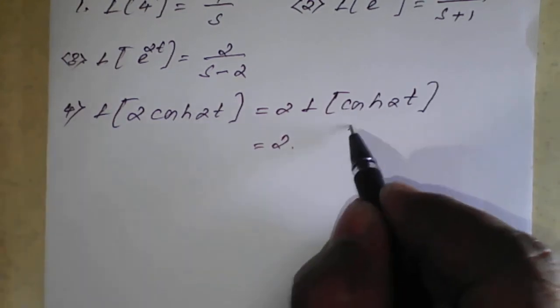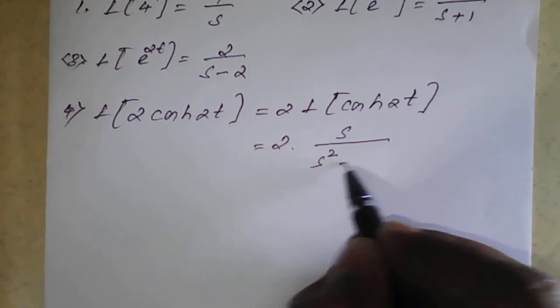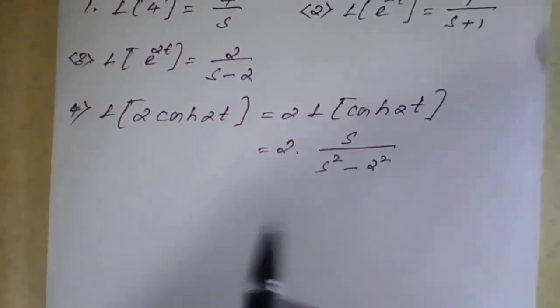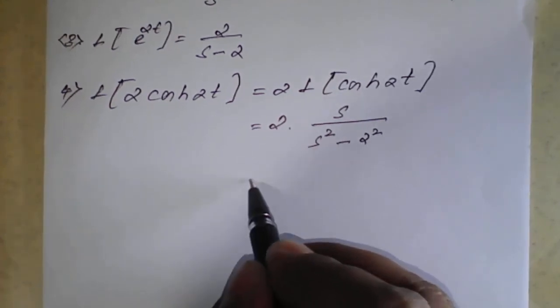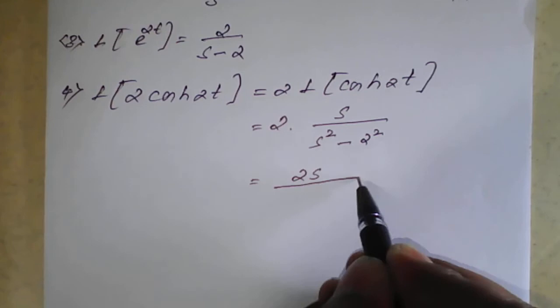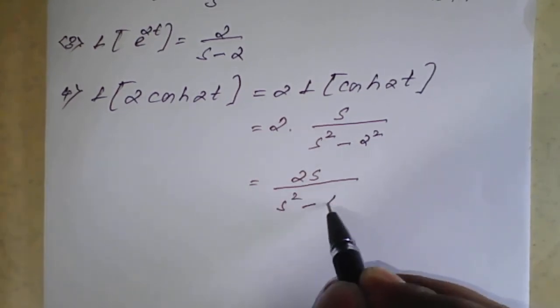So it will become s divided by s square, because of hyperbolic minus sign will come, and 2 square. On simplification, I will multiply by this 2 into s. So 2s divided by s square minus 4, since 2 2s are 4.